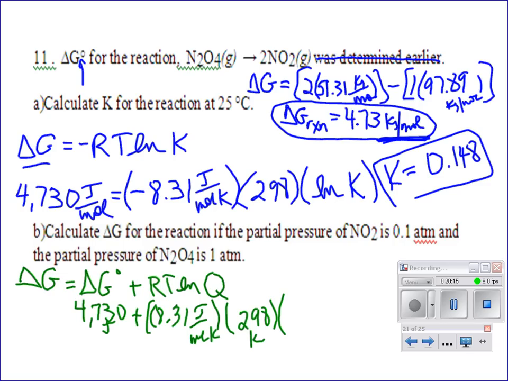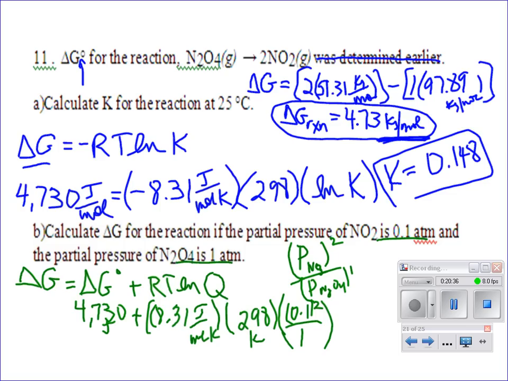What pressure do I put on top? I'll write out what we're going to do: the pressure of NO2 squared divided by the pressure of N2O4 to the first. So what do we square? 0.1 squared divided by 1, because those are the pressures they gave us in the problem.